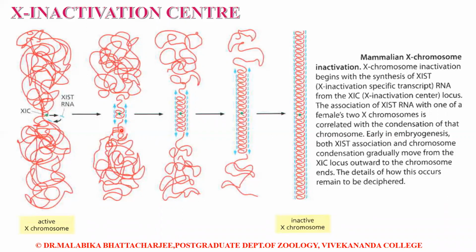At the molecular level, it has been seen that the XIST RNA recruits a number of enzymes responsible for chromatin remodeling, the most famous of which is histone deacetylase, which brings about deacetylation of histones. The modification is done in such a manner that the DNA becomes more condensed in its conformation.